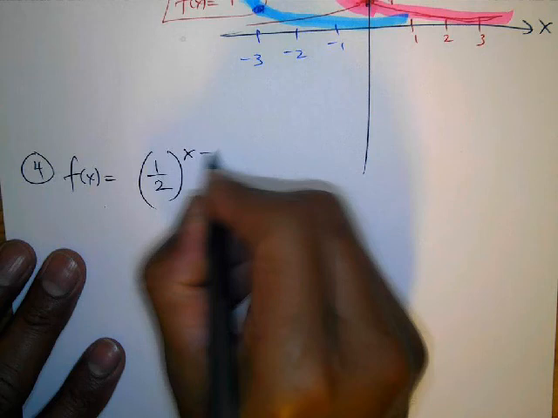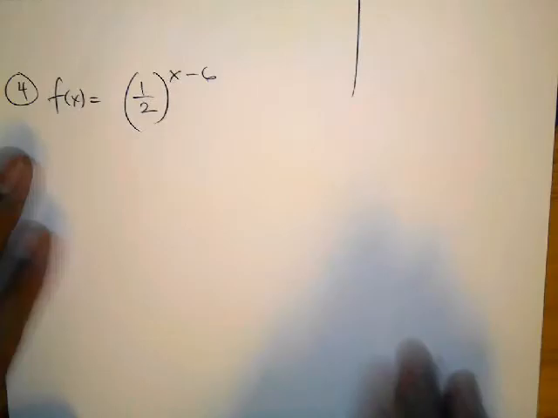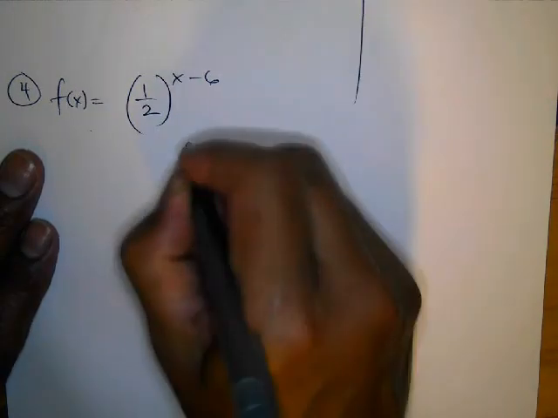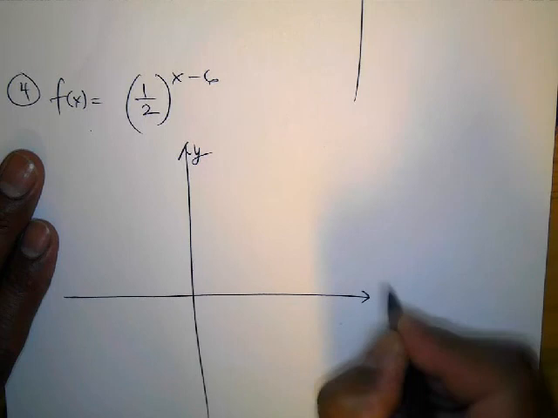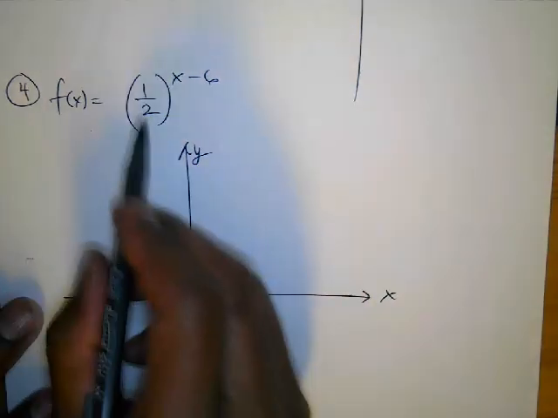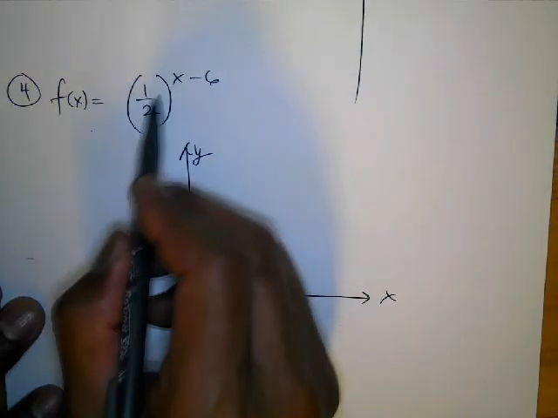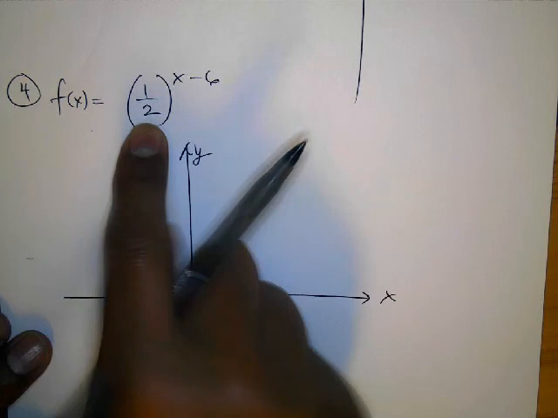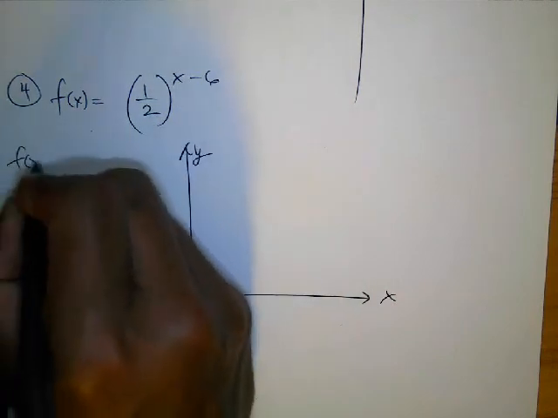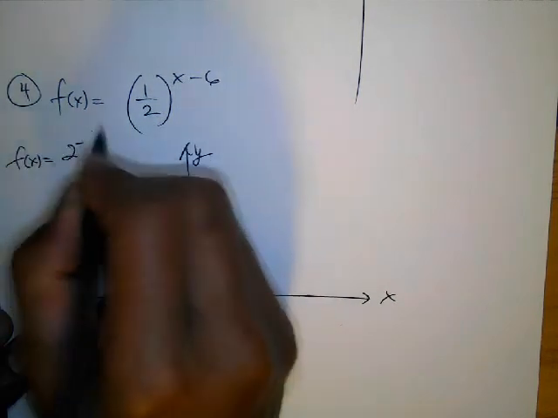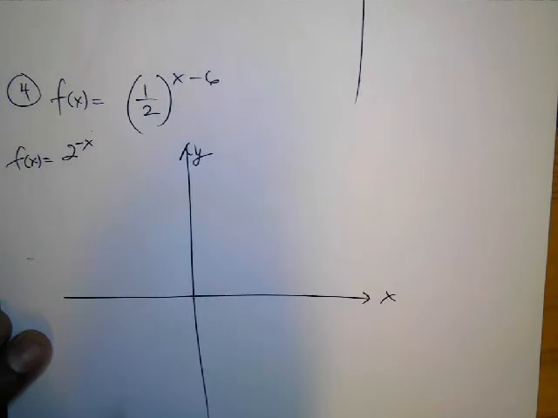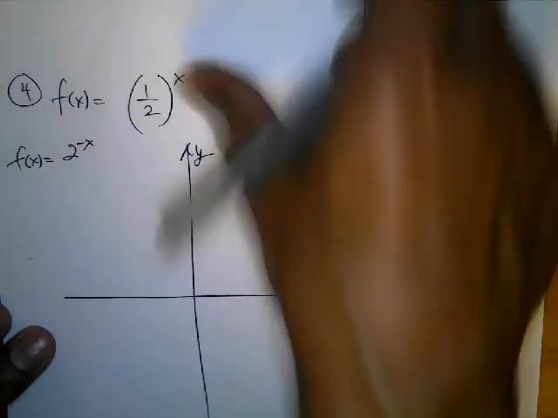Last one. Number 4, f of x is equal to 1/2 to the power of x minus 6. Oh, no problem. First graph, y is equal to, remember this is a fraction, so that's the one that is first.